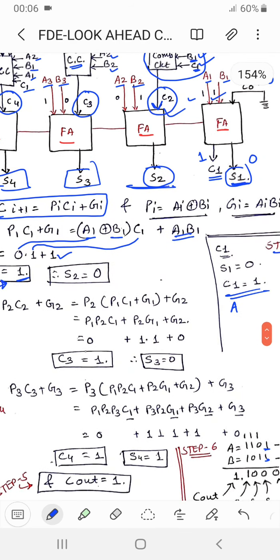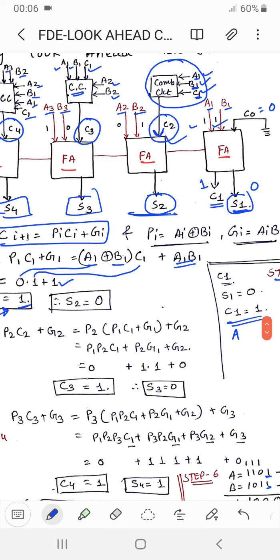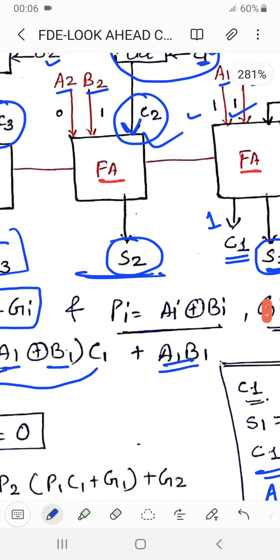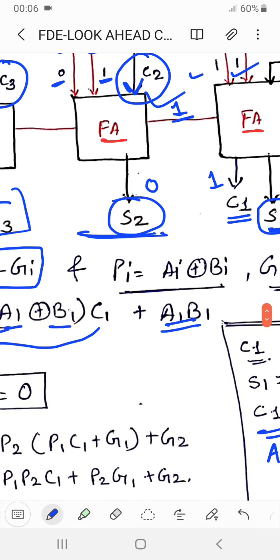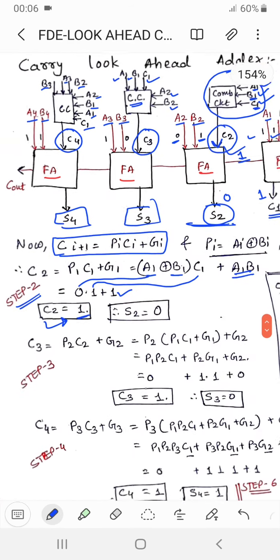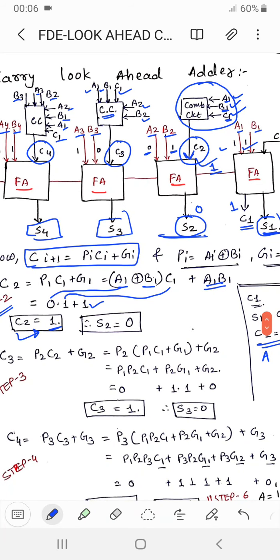While your C2 is 1 in this case, so 0 plus 1 plus 1, your S2 is 0. Okay, you have found your required C2 by using this C1, and you have found your S2. So this operation for the second bit is completed.